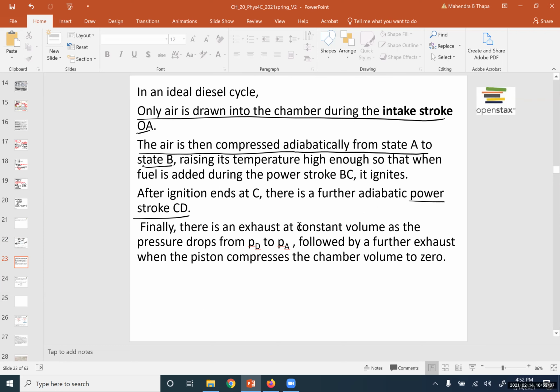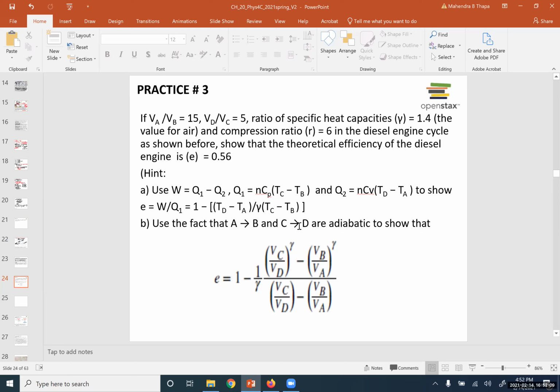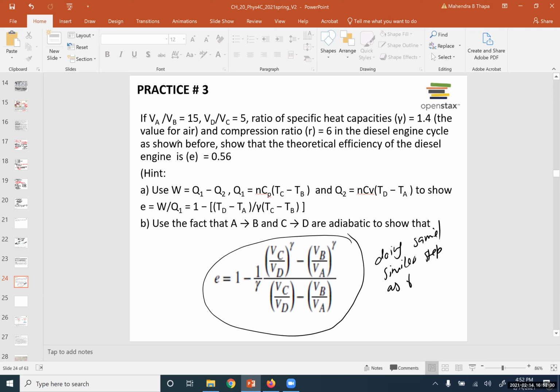So as done before, you can do exactly the same math and you can prove this. So you can prove this doing exactly as before, or we can say similar steps as for the petrol engine. Once you get that equation, use this concept to get this point.